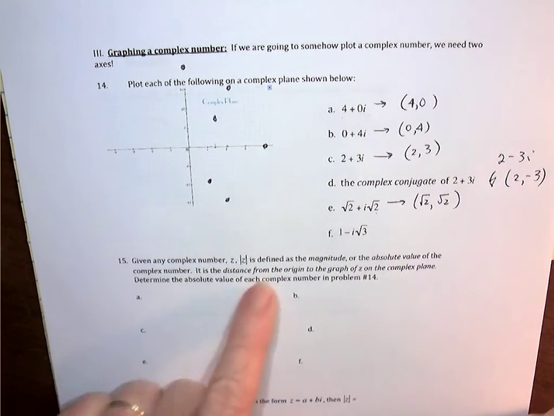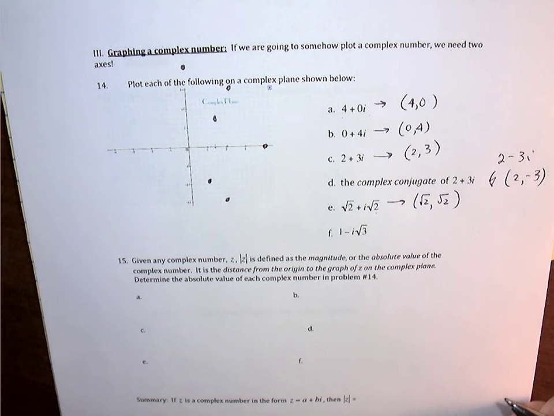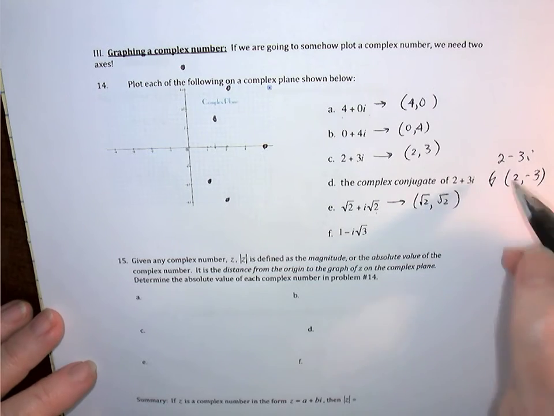Okay, but let's talk about this a little bit more. I often am looking for the magnitude of a complex number. By magnitude, we might even call it the absolute value, but get it out of your head that absolute value means make it positive. Absolute value or magnitude is the distance from the origin. So let's come back to what we have over here.